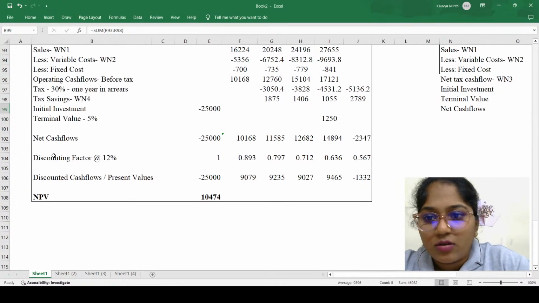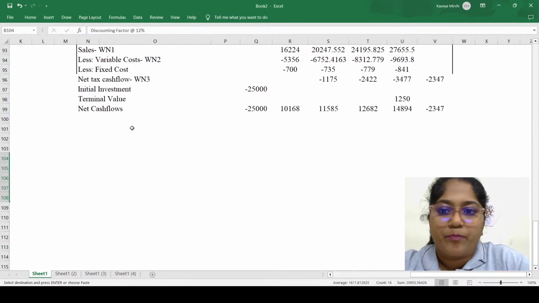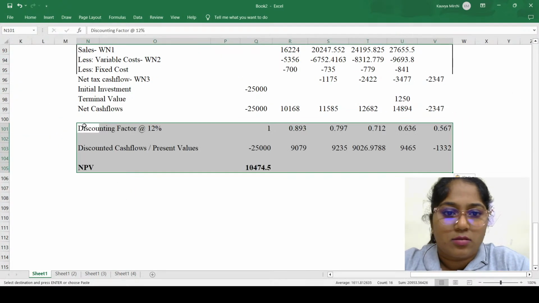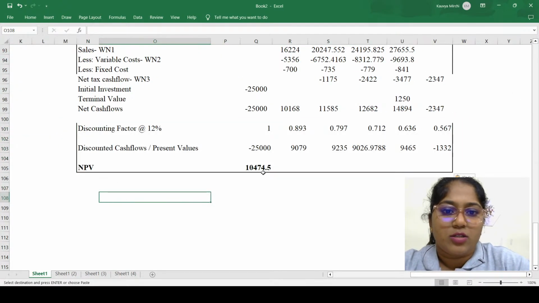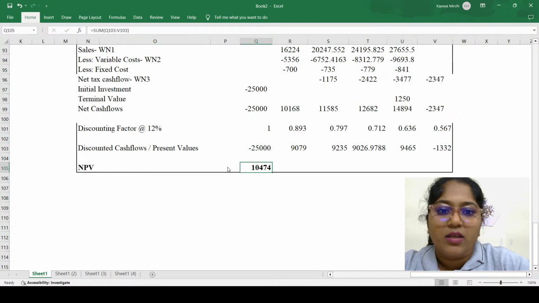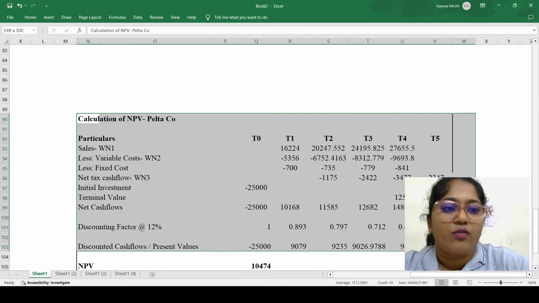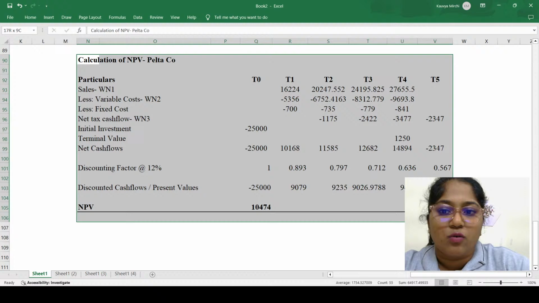So go find out the discounting factor. It is going to be the same thing. Done. That's how you'll get the answer. So this is the second method of doing your NPV. I believe you guys understood, and you have two different methods to follow. Whichever method you want to follow, you can go follow that.